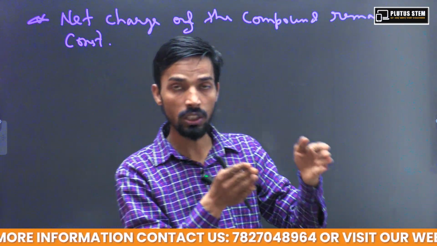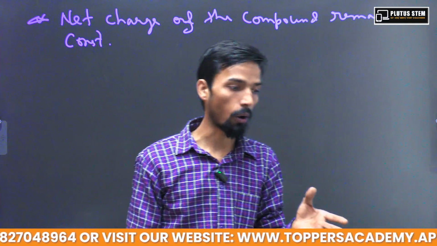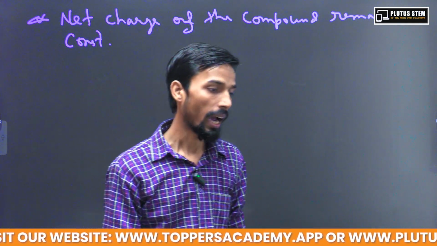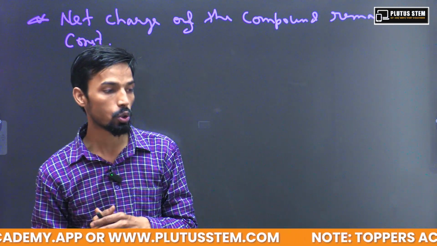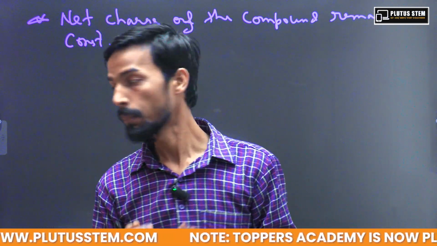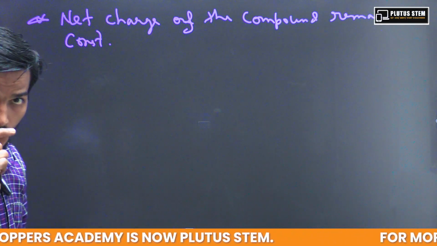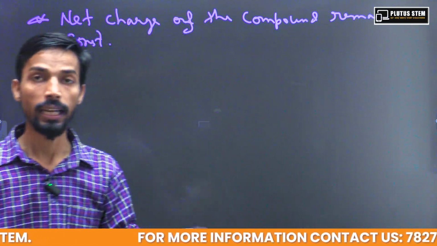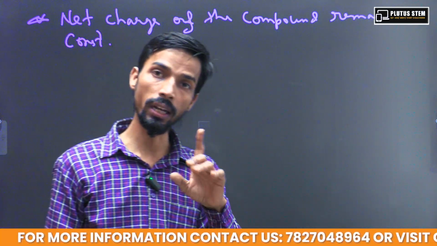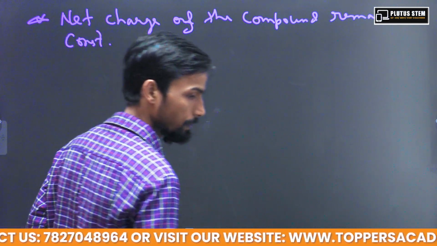If it has a -1 charge, then throughout all the resonating structures it must have a -1 charge, and if it has a +1 charge, throughout the whole structure it is going to have a plus charge. Or if it has one free radical present, then only one free radical must be present throughout the whole structure.